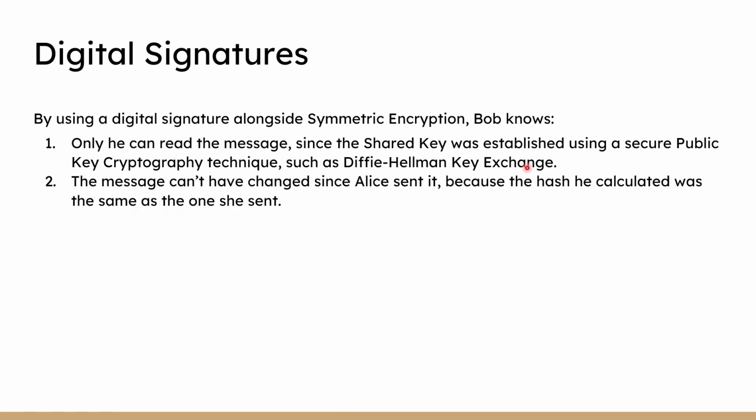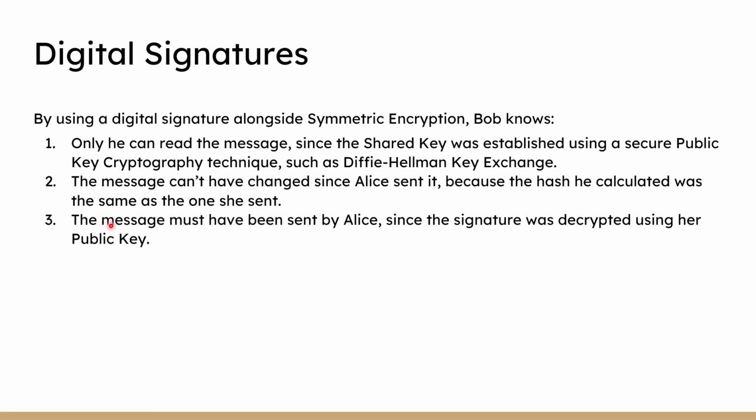And he knows the message can't have changed since Alice sent it, because the hash he calculated was the same as the one she sent, and only the same message would give the same hash, unless you have a collision, but that would be very, very rare.